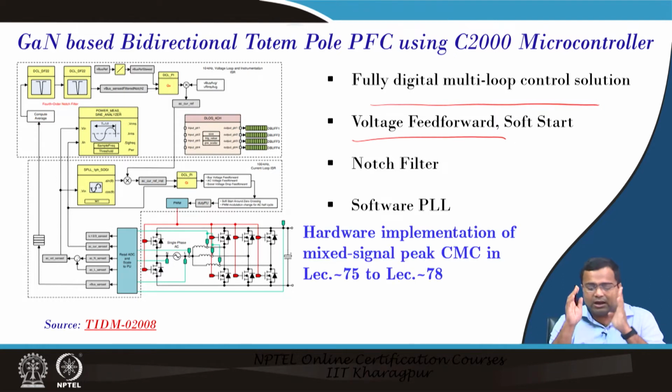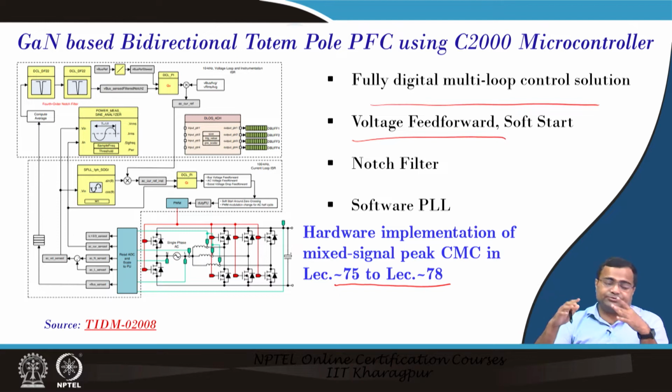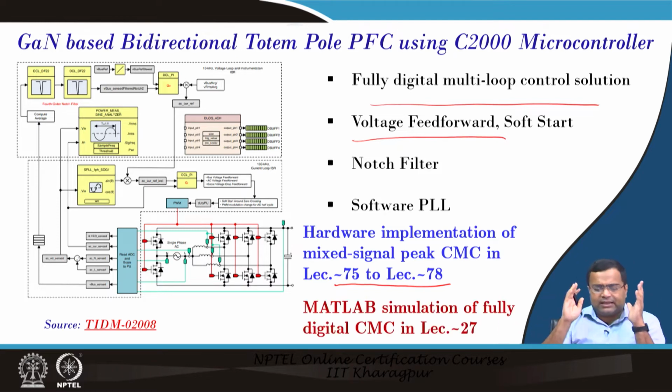If we recall our digital current mode control architecture, we discussed in lectures 75 to 78 the mixed signal approach, how to implement digital current mode control using a mixed domain approach. We synthesized this architecture with Verilog HDL and prototyped it using FPGA. For fully digital, we carried out MATLAB simulation and developed the model in lecture number 27. So, this concept may be useful to link what is inside or to come up with an alternative solution.